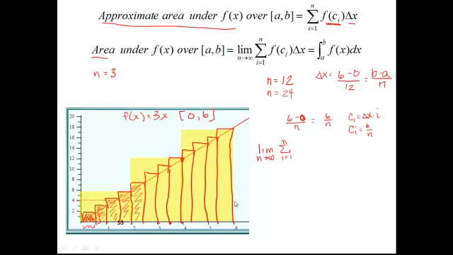I have taken this interval length and separated it into n, what we'll eventually see is a million little pieces, and then times i. So my f of c sub i is going to be 3 times 6i over n, and then times my delta x, which, as we determined, is 6 over n.